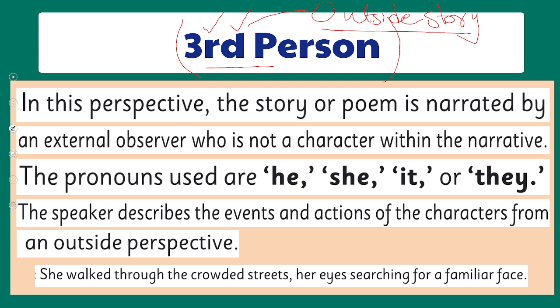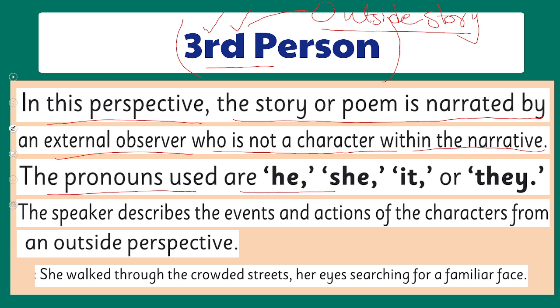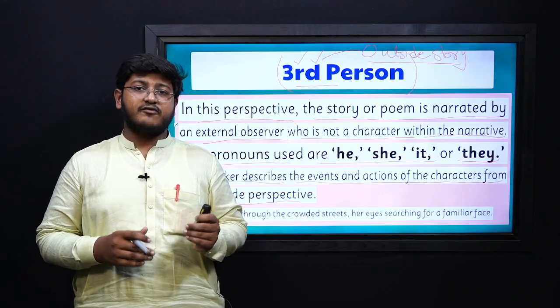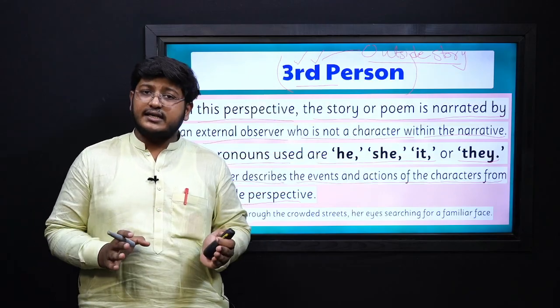So what is the definition? In this perspective, the story or poem is narrated by an external observer who is not a character within the narrative. The pronouns used are he, she, it, or they. The speaker describes the events and actions of the characters from an outside perspective. So here we have an example of third person perspective. The participant is not telling the story.